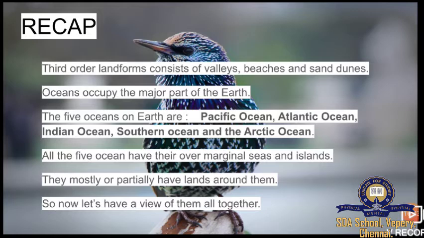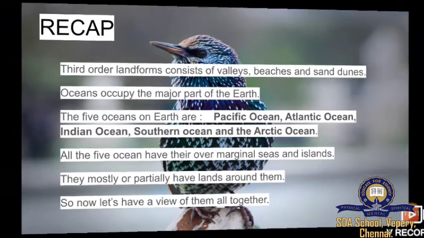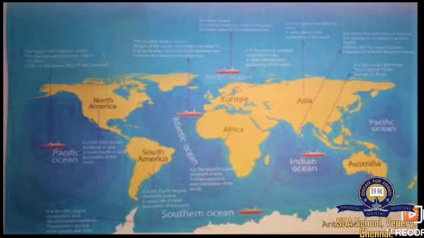They mostly or partially have lands around them. They are bound by continents, other continents. So they have land around them, and the land within them are the islands. So now let's have a view of all the oceans together. So you see, right?